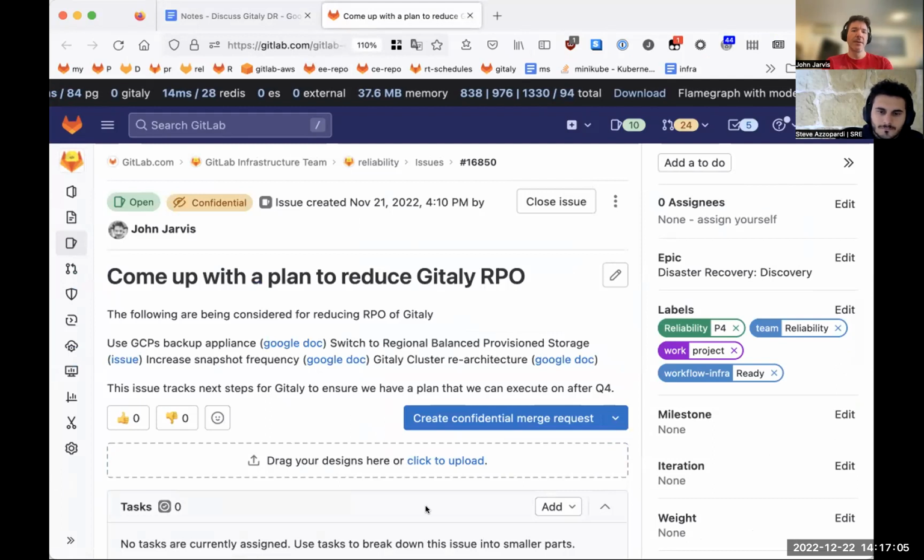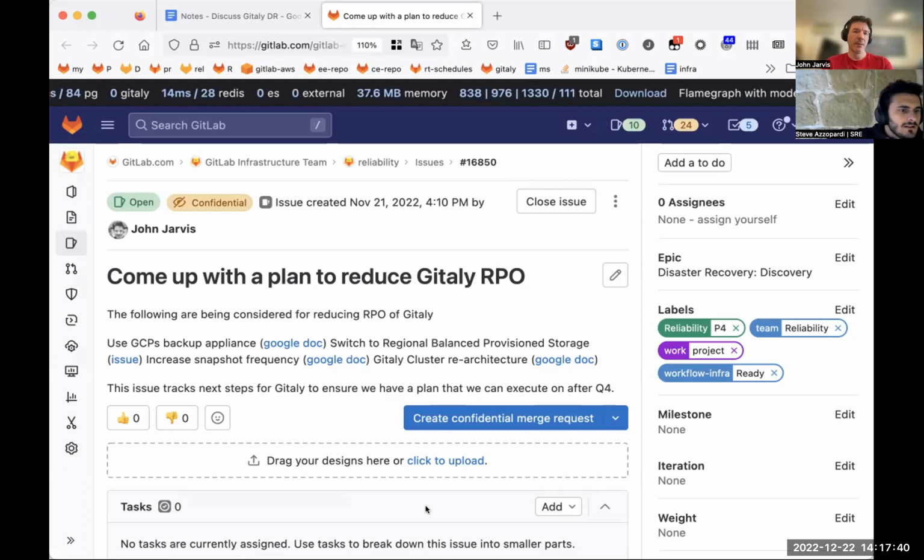I mean, it's more like a plan to come up with a plan, but I think that's probably all we want to do in this quarter. We can probably start in January, but I'm not seeing us finishing that. So what if we create an epic to benchmark the proposed options, right? Right now we have two proposed options, using the backup appliance and the regional disks, and then we can go through that.